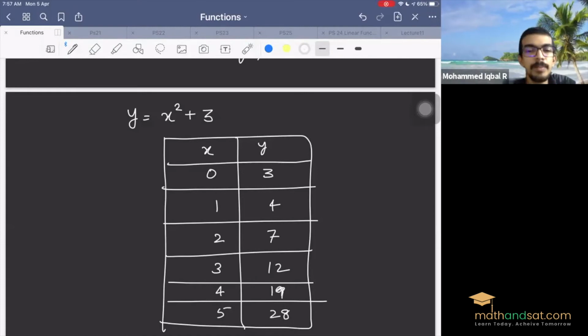Now see this table. Do you observe a similar pattern like we saw in a linear function?